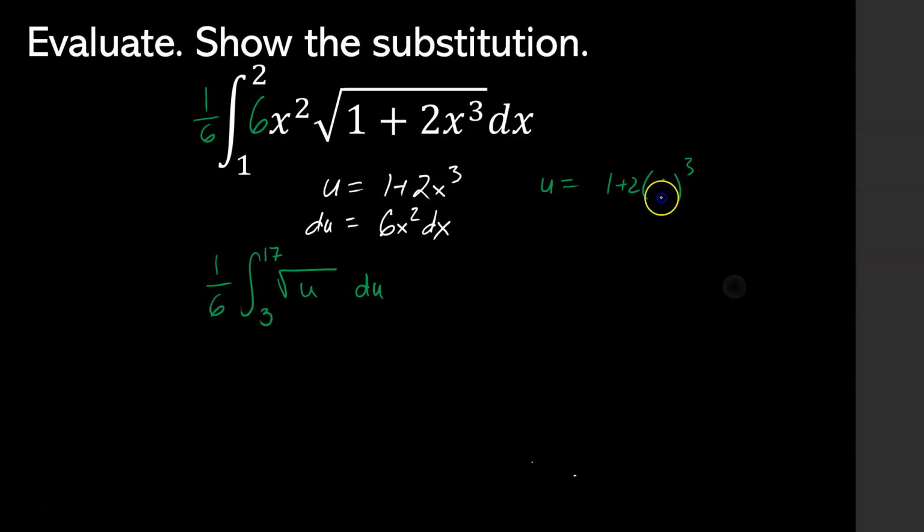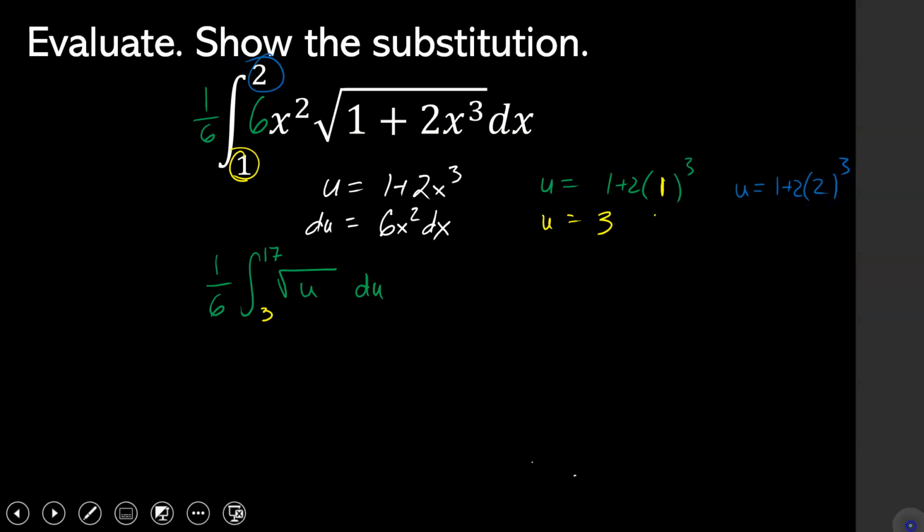If that x value is 1, the lower bound of integration, u is going to be 1 plus 2 times 1 cubed, or just 3. And u is 1 plus 2 times the x value cubed. If that x value is 2, 2 cubed is 8, times another 2 is 16, plus 1 is 17. So here we go on 17.